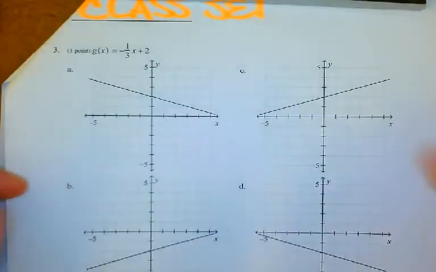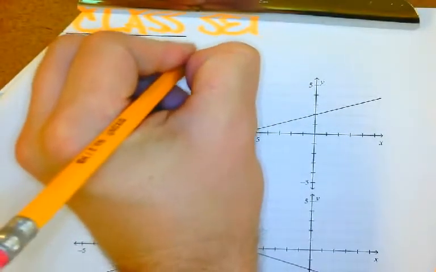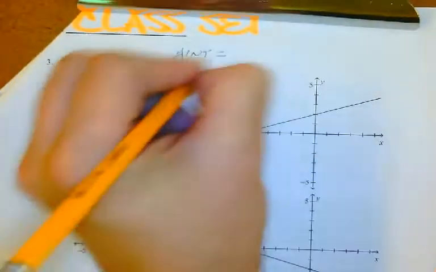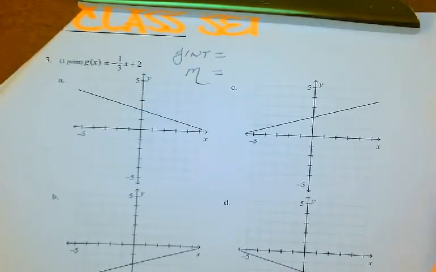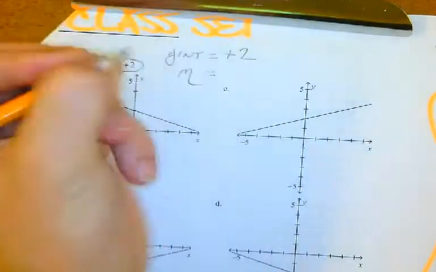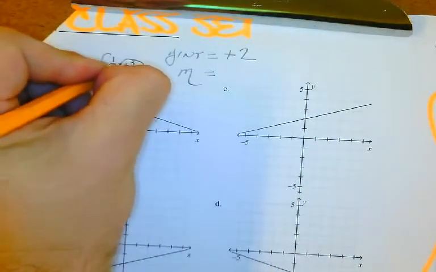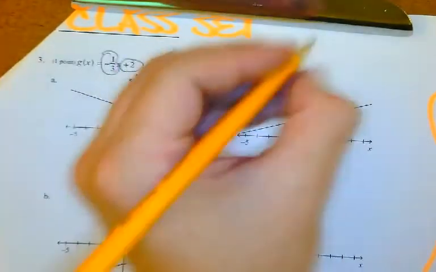All right, and lucky for us, number 3 is a very, very similar problem. So we can go with the same process and write out our y-intercept and our slope. Again, our y-intercept here, plus 2. Our slope is negative 1/3.